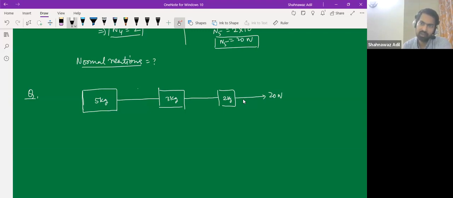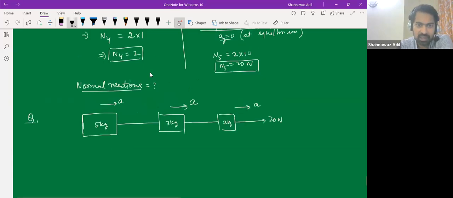Sir, it may change. Yeah, so all the blocks will have the same acceleration. If this is moving by an acceleration a, then this will also move by a, and this will also move by a.